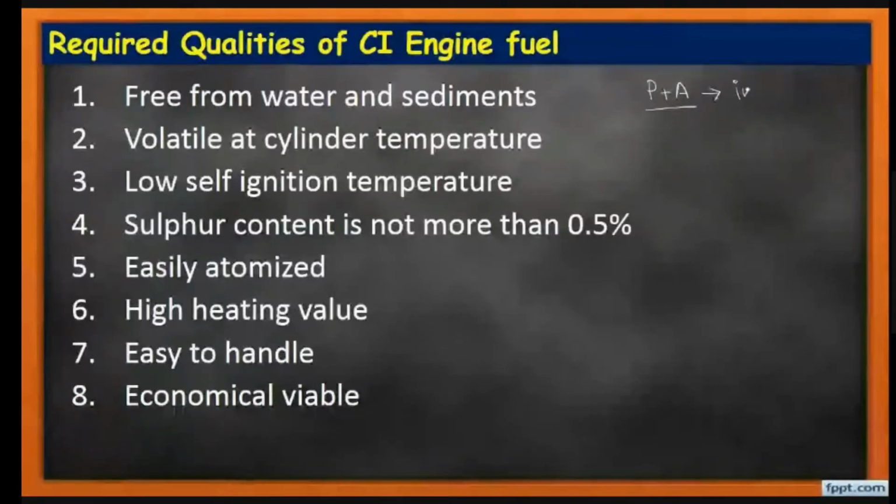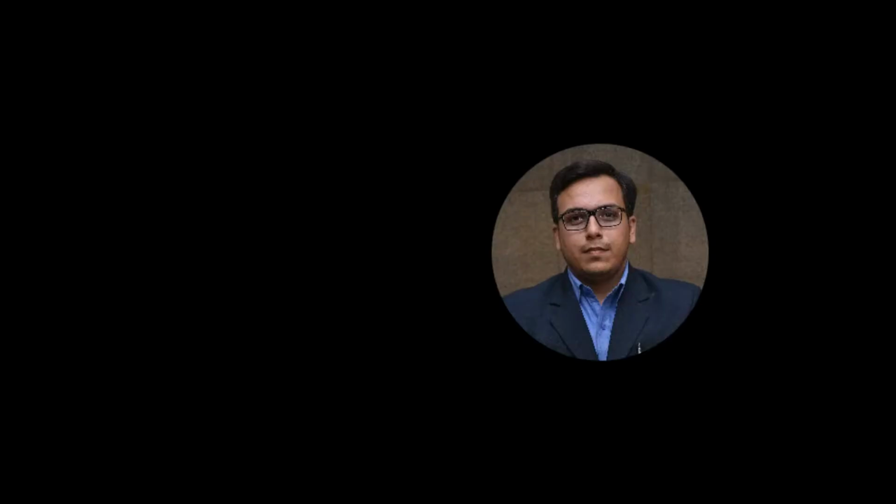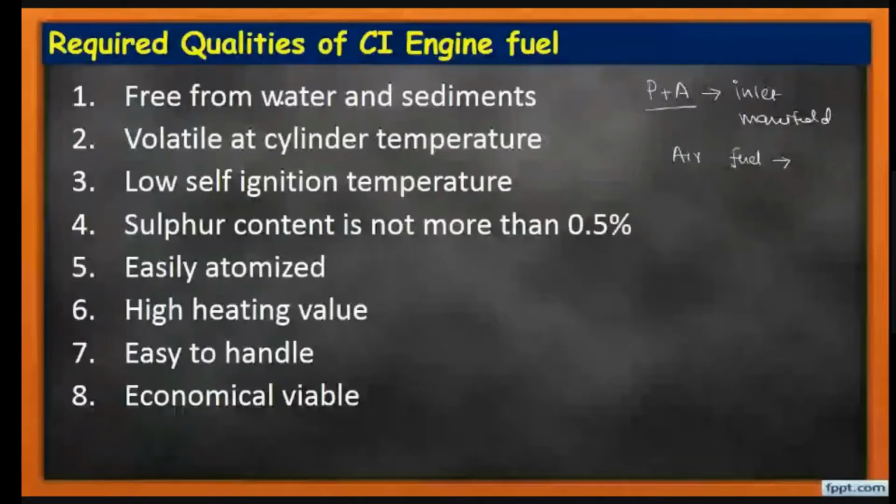But in the diesel engine or CI engine, only air is supplied from the inlet manifold, and the fuel is directly injected into the cylinder via injectors. So it must be free from water and sediments, otherwise it may damage the injection system. So this is the first requirement, or quality, of diesel fuels.